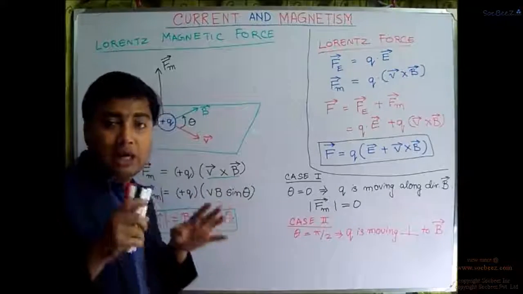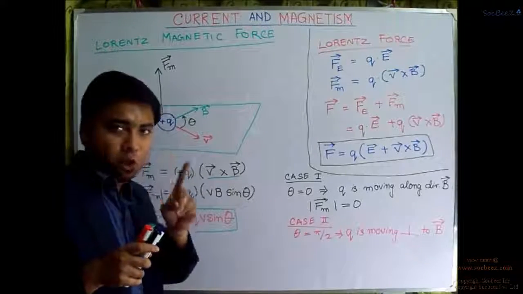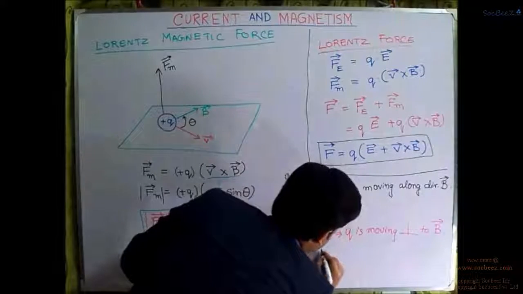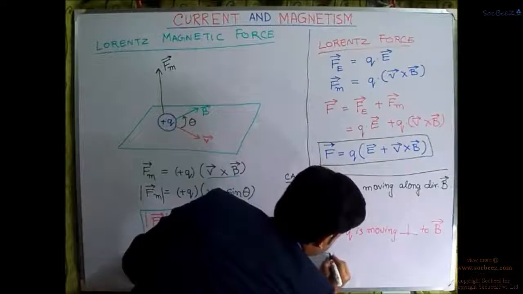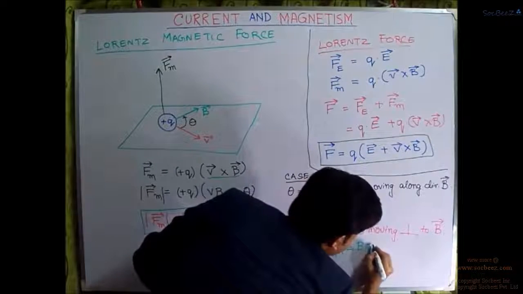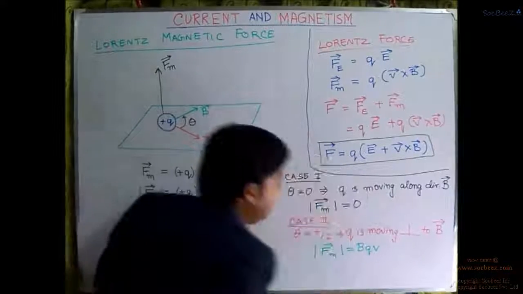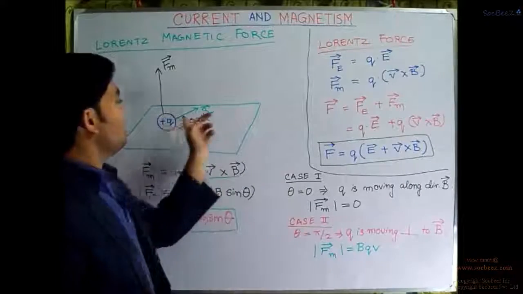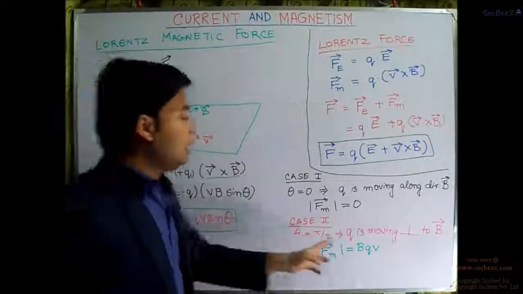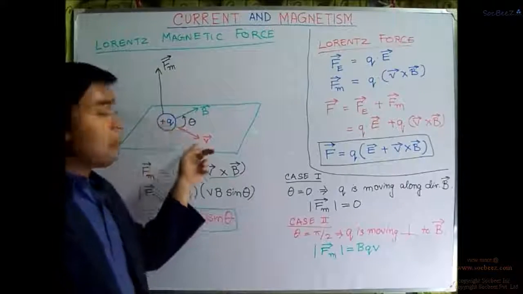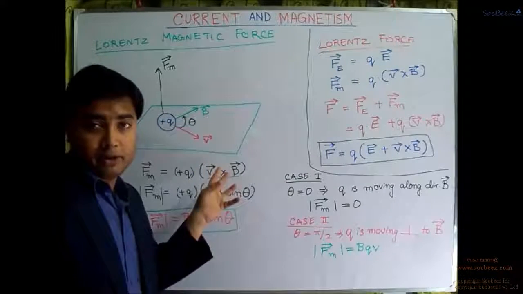The value of sine of pi by 2 is 1. So the Lorentz magnetic force will simply be BQV, where B is the magnitude of the magnetic field, Q is the amount of charge, and V is the velocity with which the charge is drifting.